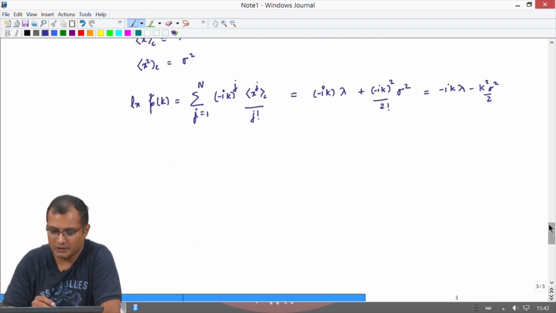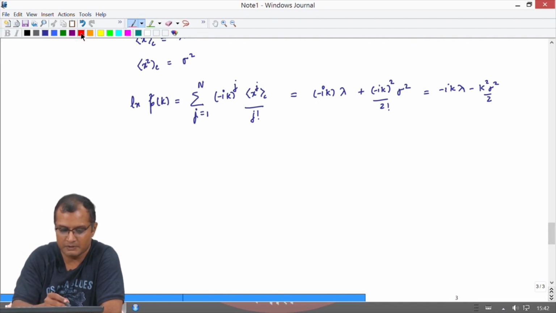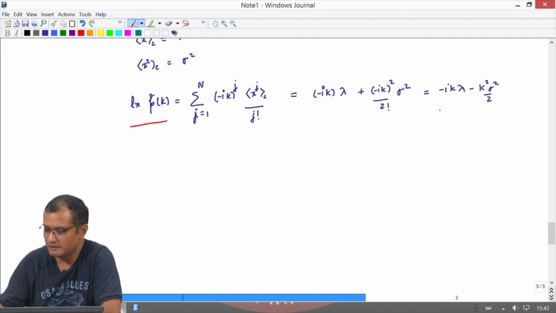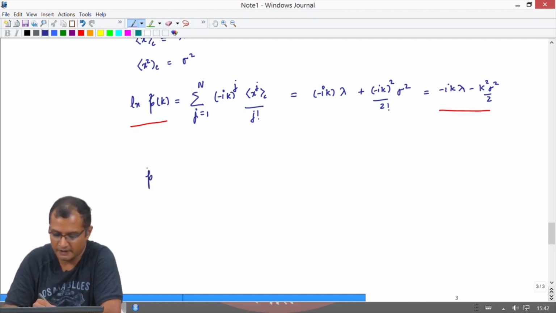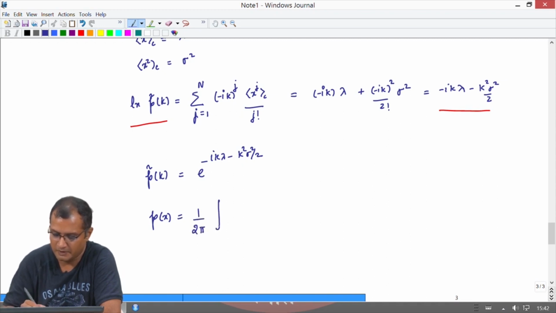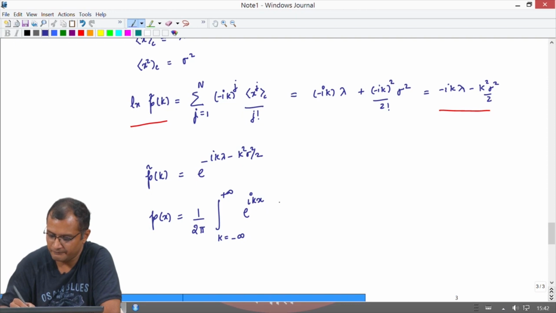Now, if you compare these two terms, you simply raise both sides to exponential, you get p of k as e raised to minus i k lambda minus k square sigma square by 2. Once you have p of k, you can compute p of s by an inverse Fourier transform and get your PDF.